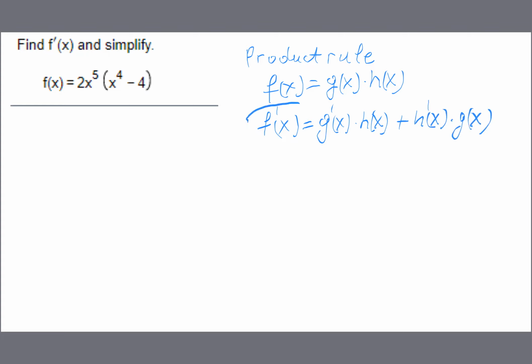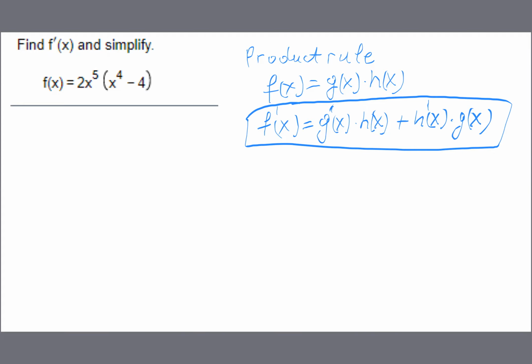This is the product rule that was mentioned earlier. Another method is to simplify first and then take the derivative. I'm going to do both methods so we can practice the product rule.